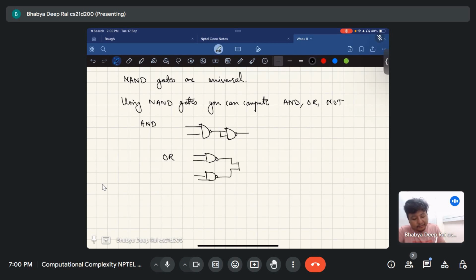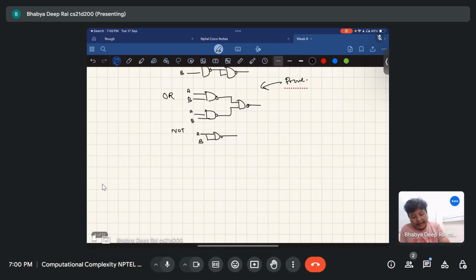I won't prove it right now, but you can verify it if you've not seen this before. And NOT is obviously this. It's fairly simple to prove.